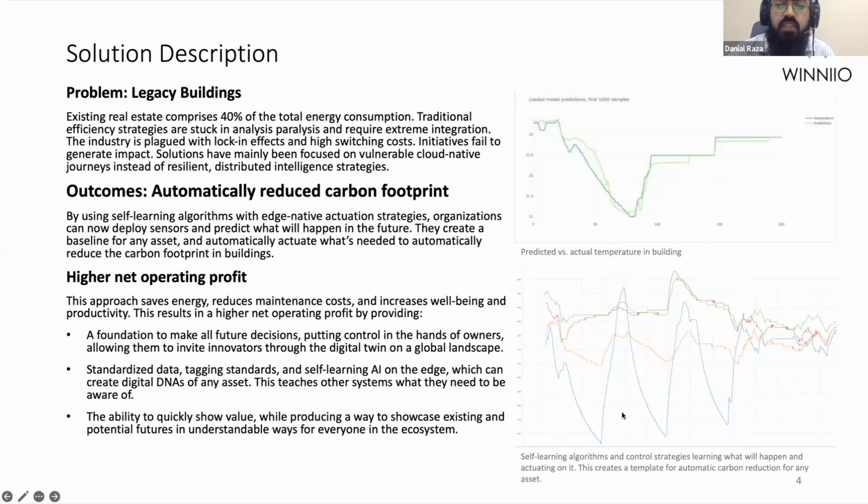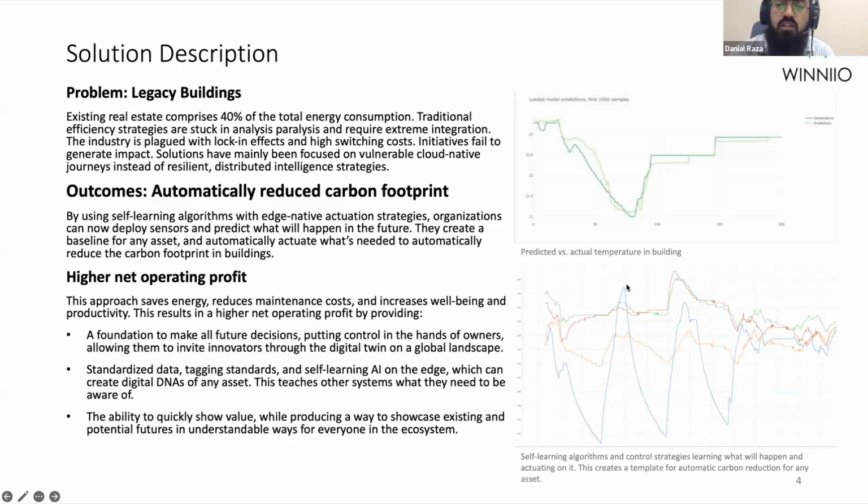And the lower graph shows that before AI, we were running a simple rule-based system where, if it will get to 23, you close the radiator a bit, and if it's going below 21.5, you turn on the radiator a little bit at a time. These lines indicate the water flow through the radiator.